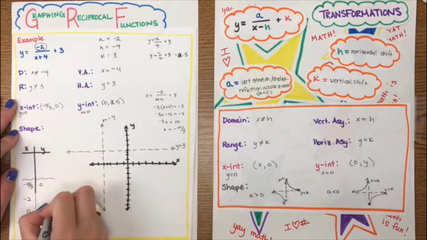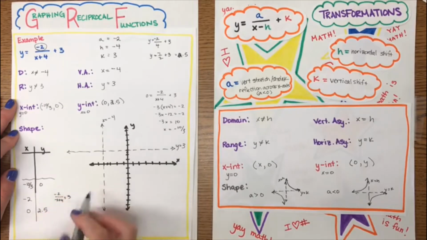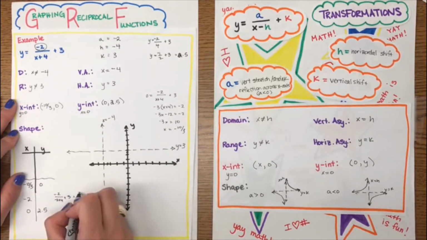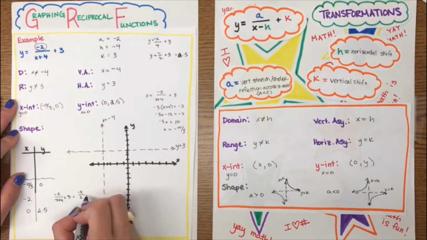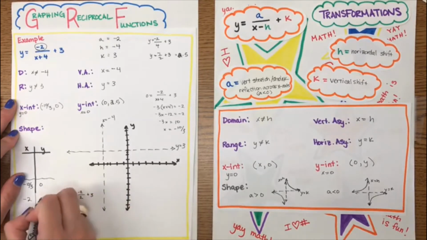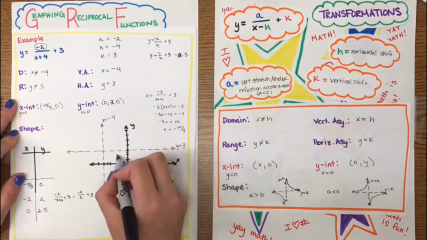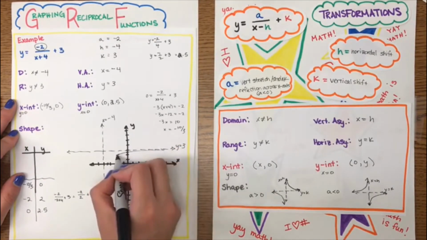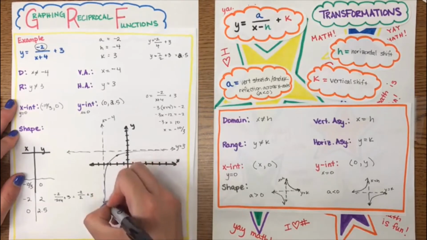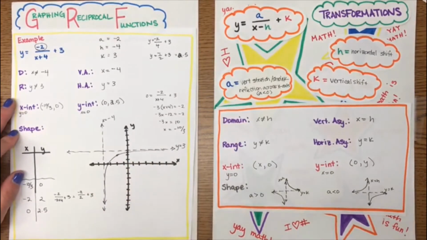If I plug in -2, I get -2 over -2 plus 4, plus 3. This is -2 over 2 plus 3, which is 2. So I have the point -2, 2.